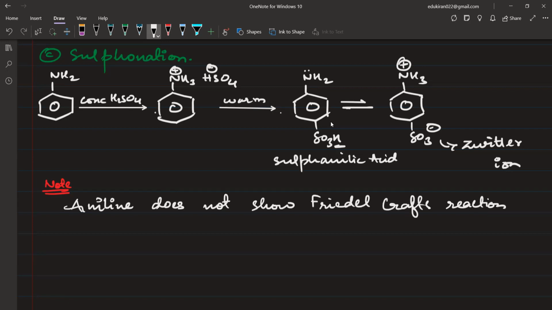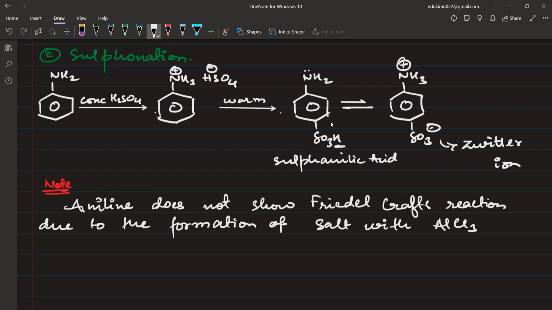Friedel-Crafts reaction कौन से होते हैं? Friedel-Crafts alkylation भी and Friedel-Crafts acylation. Why? Aniline does not show Friedel-Crafts reaction due to the formation of salt with AlCl3.